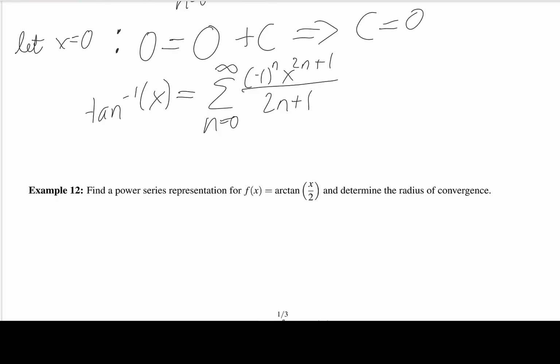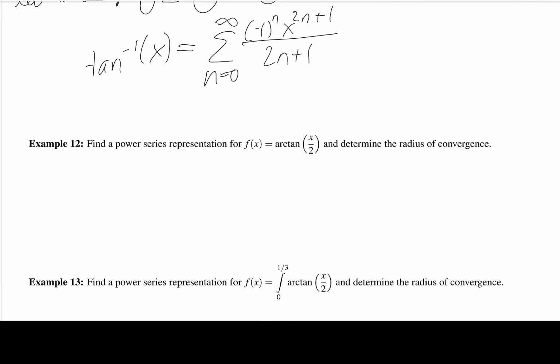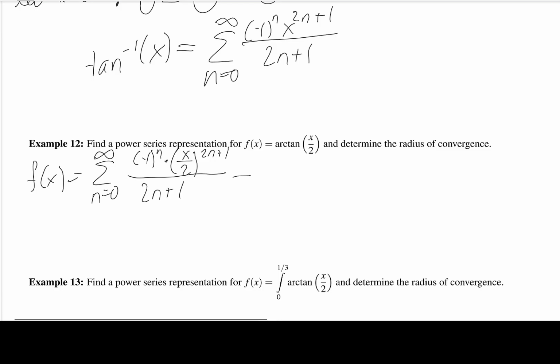So then we'll get that f of x is equal to the sum from n equals 0 to infinity of negative 1 to the n times, instead of x, we'll have x over 2 to the 2n plus 1 divided by 2n plus 1.